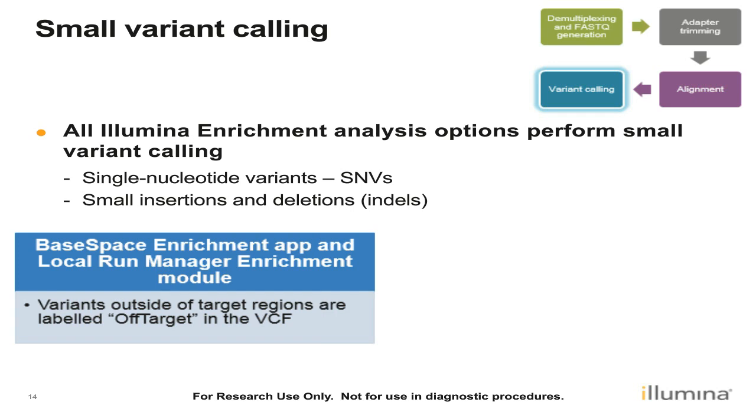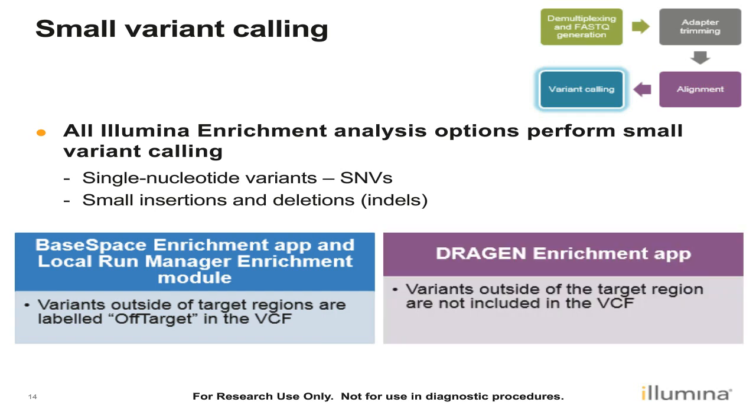With the DRAGEN Enrichment app, variants outside of the target region are not included in the VCF. So it restricts the variants that are output to just those within the defined target regions. There is, however, an option to pad those regions or add bases on either side, so upstream and downstream, to tell the DRAGEN application to look for variants in those padded regions flanking the target region.